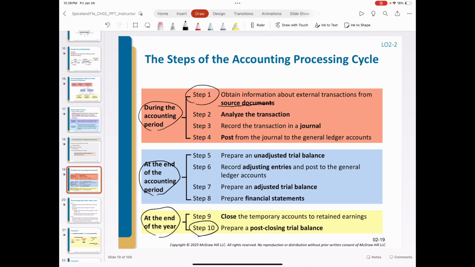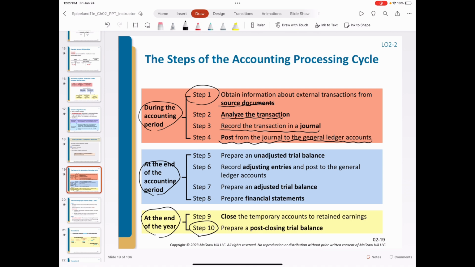And then we analyze each transaction and make journal entries. Journal entry is to record the transaction into a journal chronologically. Then we post the information from the journal to the general ledger. The purpose of step 4, posting, is to obtain the balance of each account.